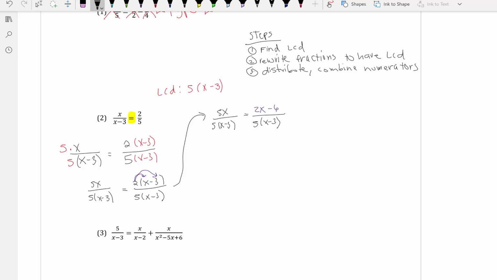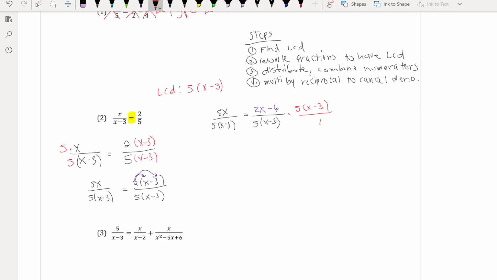Now that my denominators are the same, I'm going to multiply by reciprocal to cancel denominator. Here my denominator is that 5x minus 3. I'm going to have it over 1.